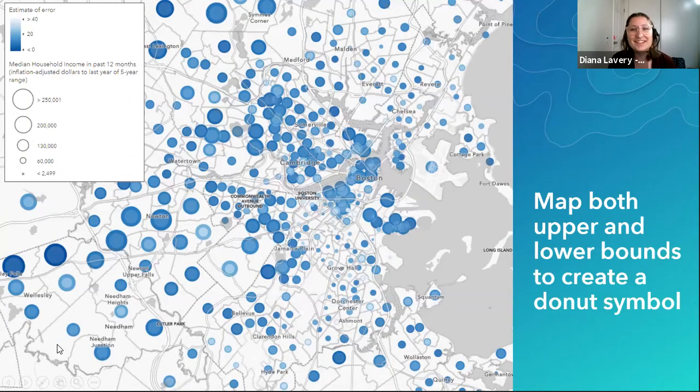Here we've got this donut effect that I love, where you're mapping both the upper and the lower bounds right on top of each other using the same numeric scale. And so that way you can really see how wide different estimates' ranges are.